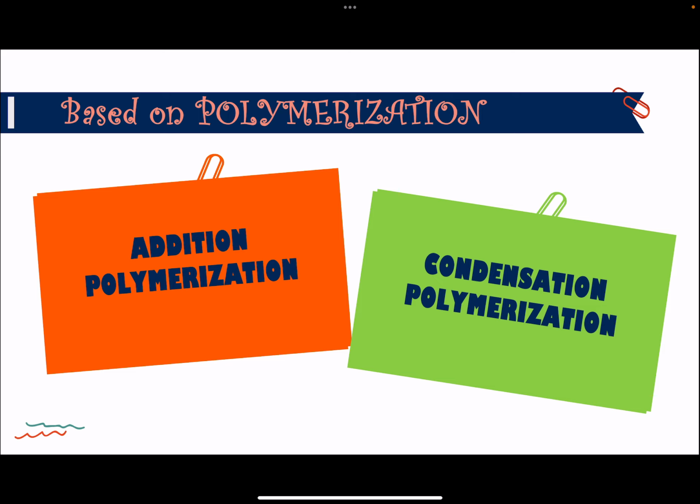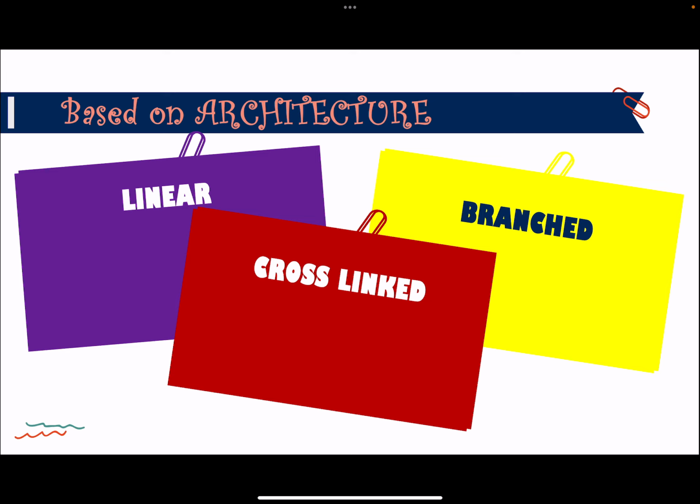Based on polymerization, the polymers are classified into addition polymerization and condensation polymerization. Based on architecture, they are classified into linear, cross-linked and branched.